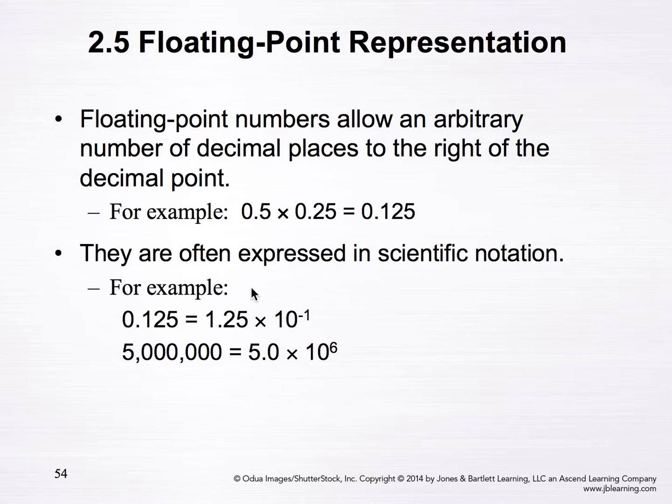They are often expressed in scientific notation. For example, 0.125 can be represented by 1.25 times 10 to the power negative 1, or 5 million equals 5.0 times 10 to the power 6.